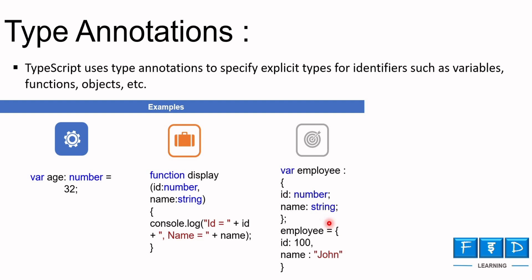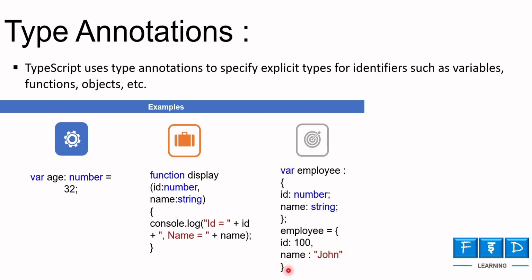In the third example, this is the object. Inside these curly braces, we are passing the properties like ID as a number and name as a string. And then we are assigning the values to the same object, that is employee equals ID number 100 and name string John.